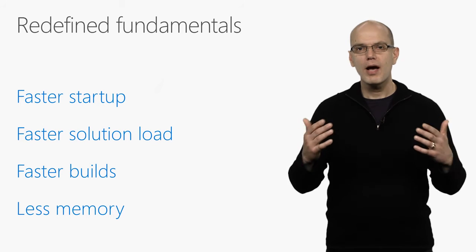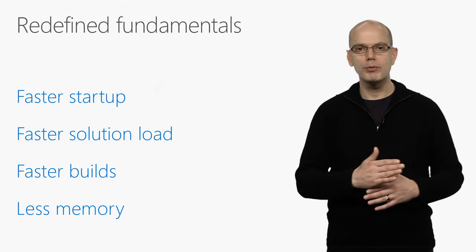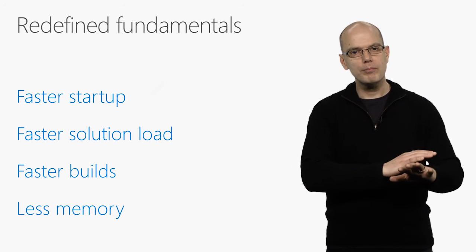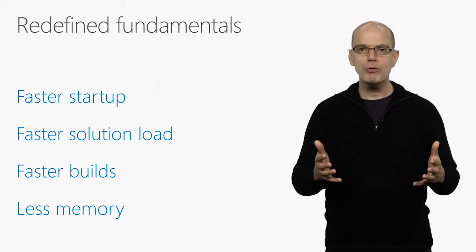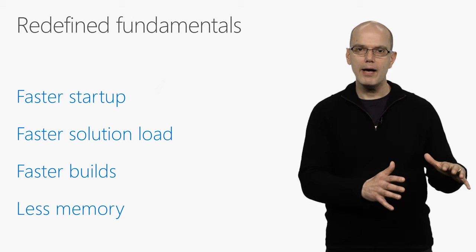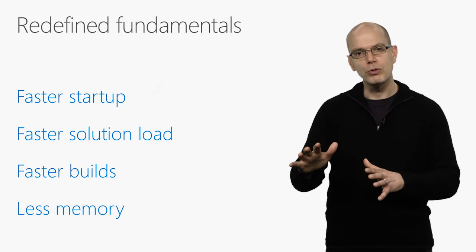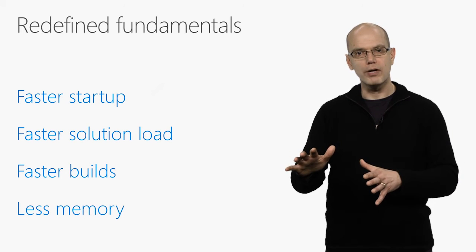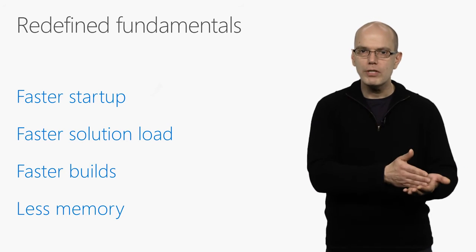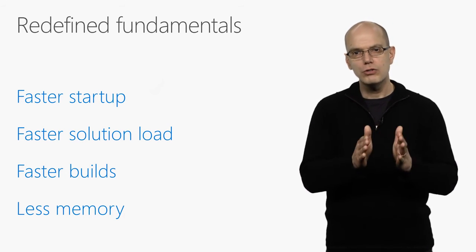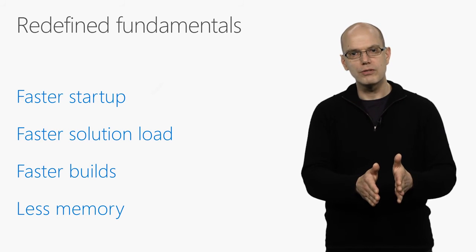Speaking of performance, Visual Studio 2017 is notably faster at everything, from startup to solution load to typing to debugging. We measure the performance of Visual Studio both in our test labs and using the telemetry from people who are in our Customer Experience Improvement program. And across the board, VS 2017 is faster. Up to 3 times faster for a cold start, 2 to 4 times faster at loading solutions.